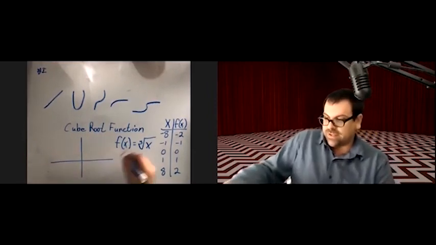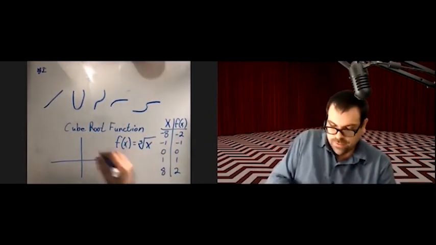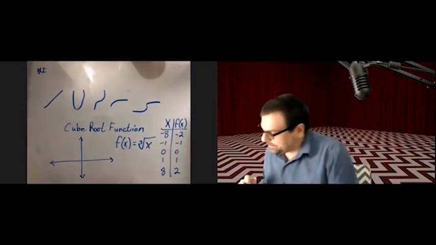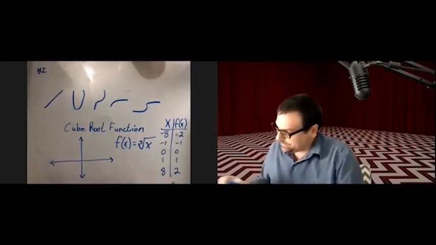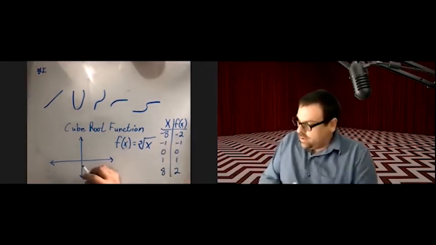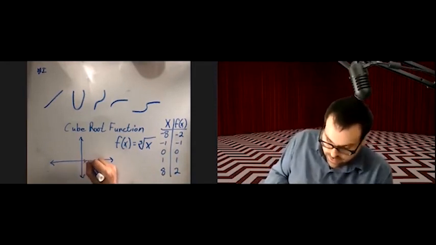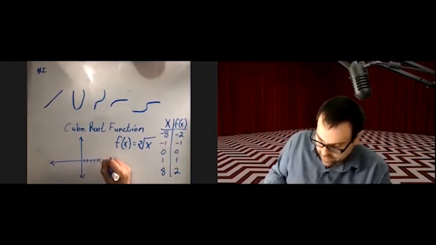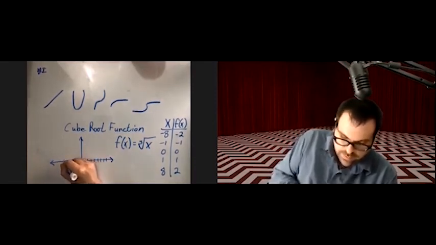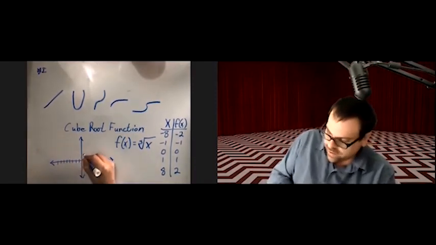So let's see how we get this shape I promised you. I need 1, 2, 3, 4, 5, 6, 7, 8 that way. 8 that way.